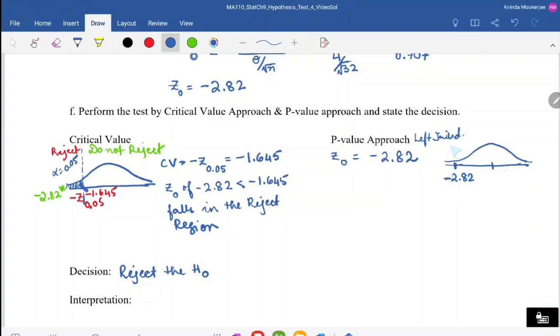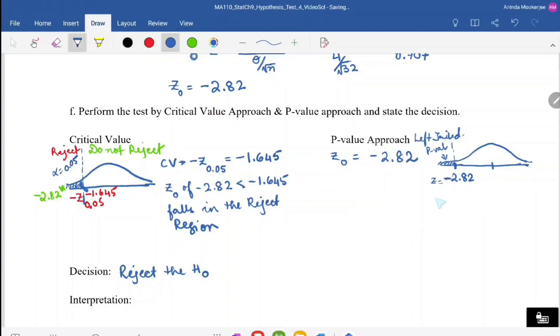And because it's a left tail test, we have to find the area corresponding to a z value of negative 2.82. So it's going to be the area to the left. This is our p-value.